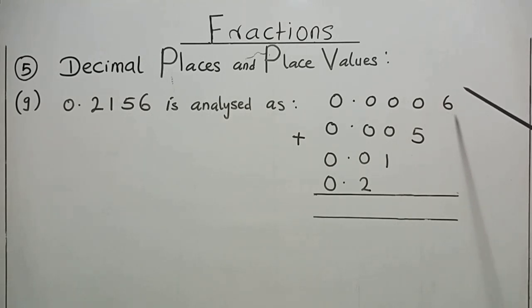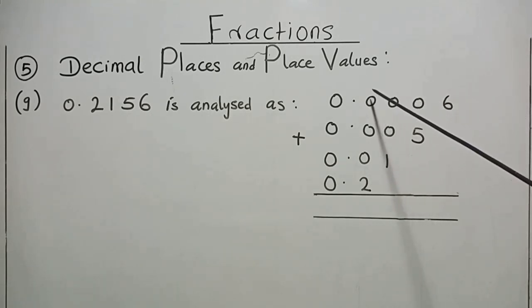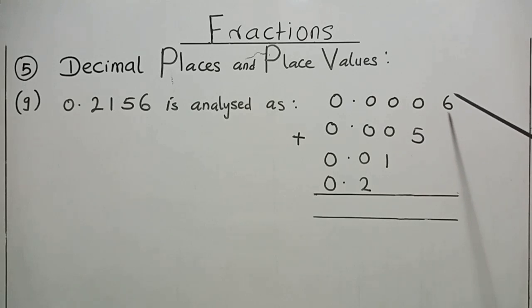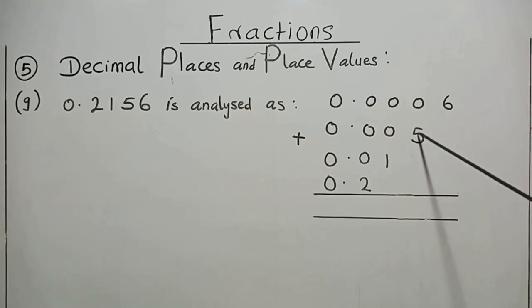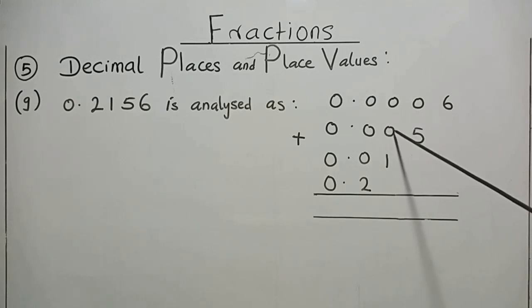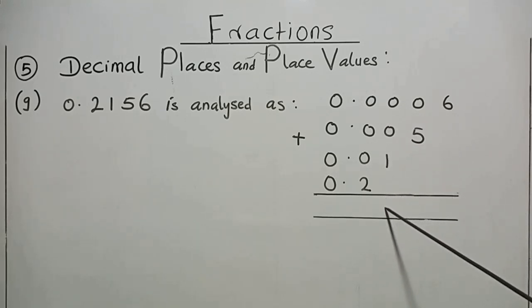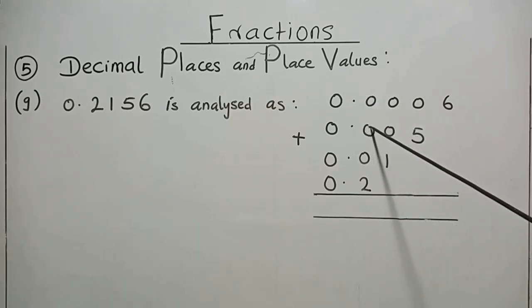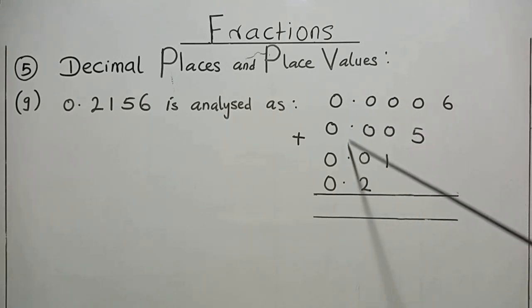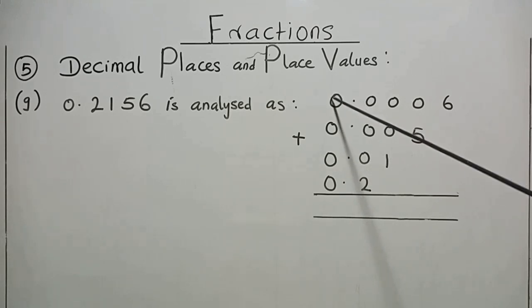We have learned earlier how to add such individual decimal fractions, and believing that has been done by you, let us add, please. This 6, bring it down, it will be here. 0 plus 5 is 5. 0 plus 0 plus 1 is 1. 0 plus 0 plus 0 plus 2 is 2. Then bring down the dot here and then add up all the zeros.